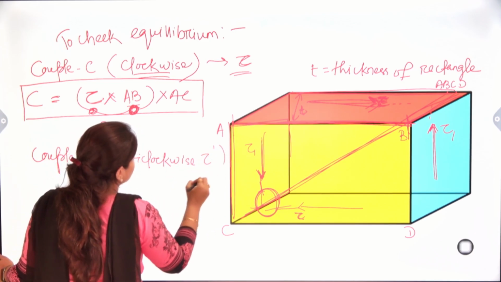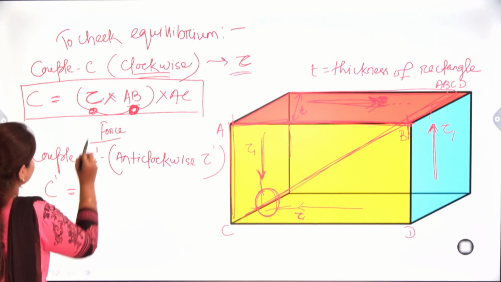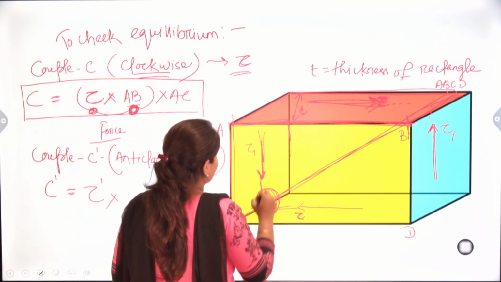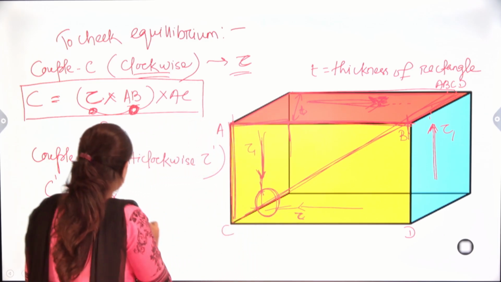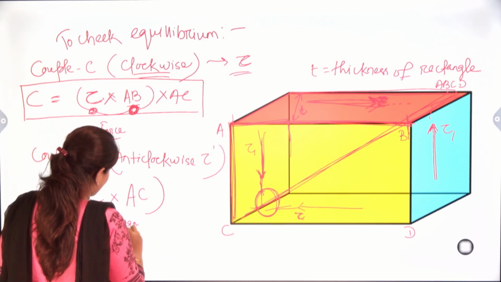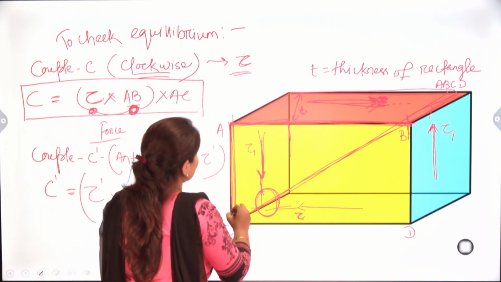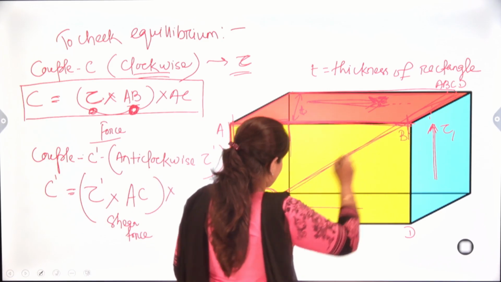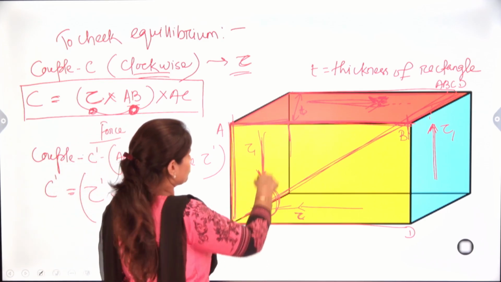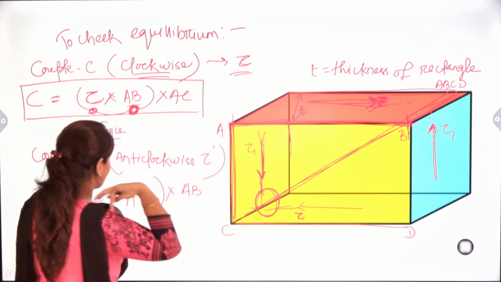Same way, for C dash, tau dash will act here in this plane. So we will take AC for the shear force. And for the perpendicular distance to AC, we can take AB or else CD. We know in a rectangle AB equals CD, so we can take either.